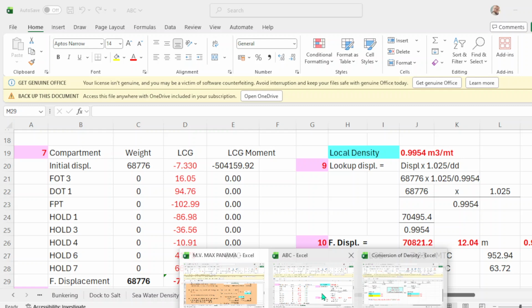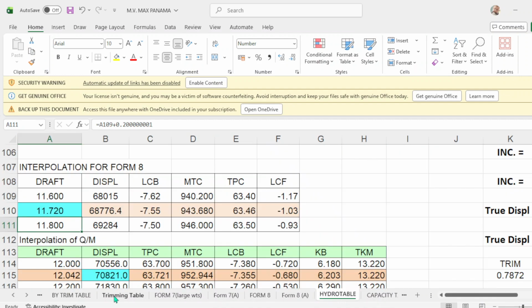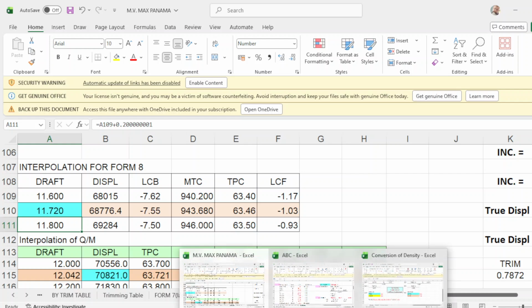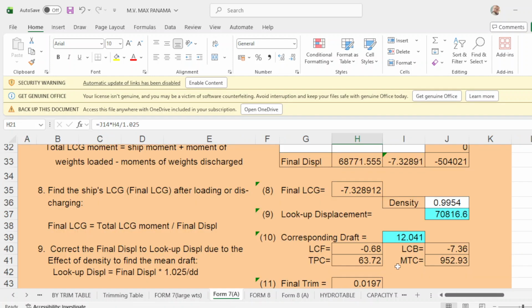You put here 70821. The corresponding drop is 12.04. So the corresponding drop here is 12.04. Okay?